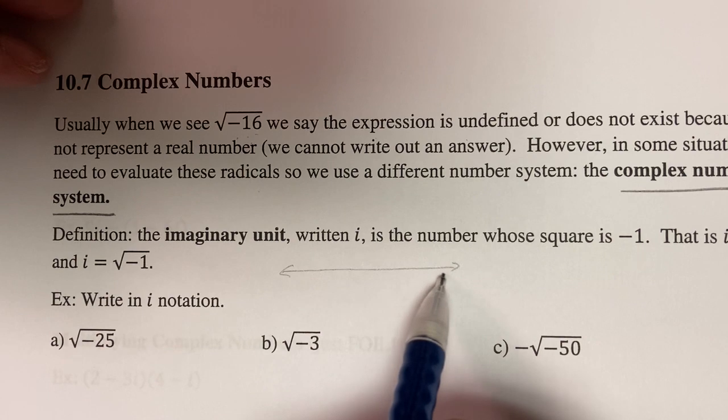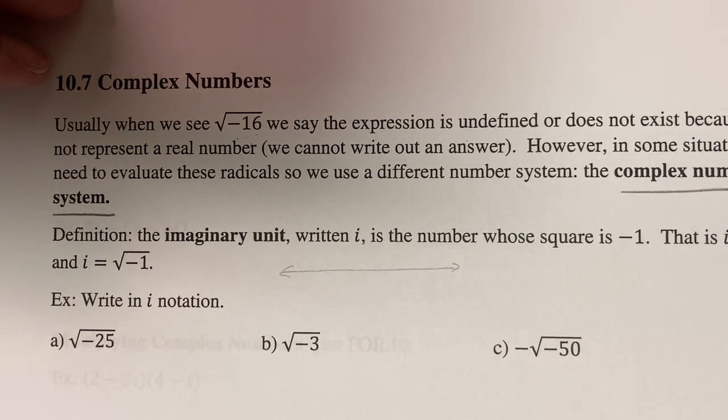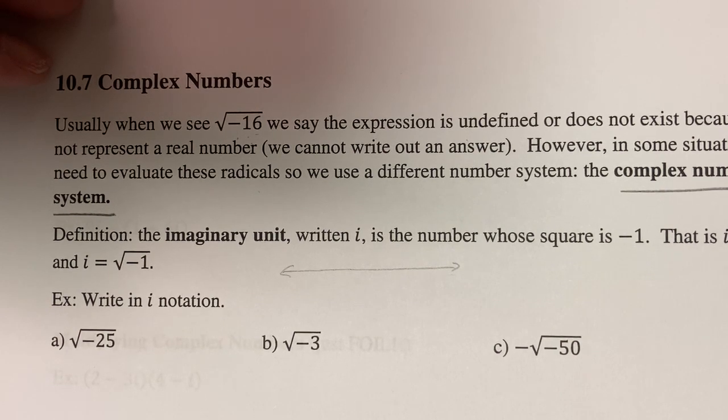So any number that we have known up till now, including things like pi and the square root of 10, could be graphed on a number line. Imaginary or complex numbers cannot be graphed on a number line.